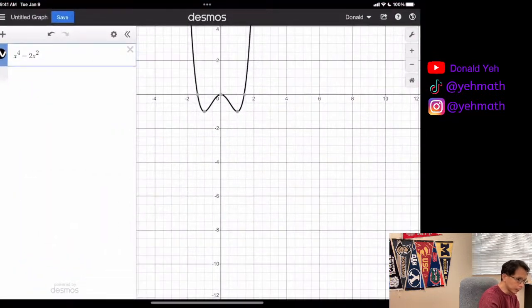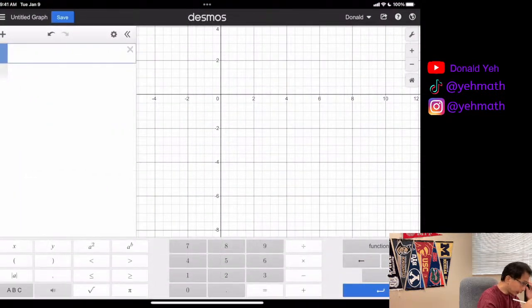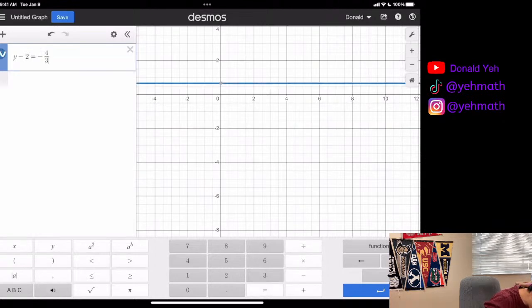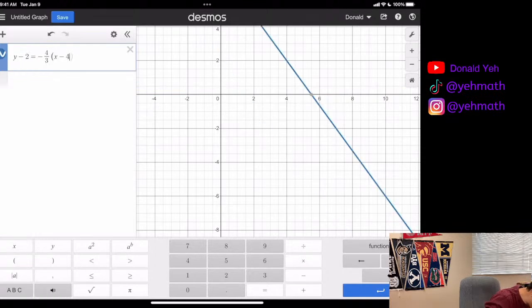So, go to the function. What's the first equation? Can you guys read it to me? y minus 2 is equal to -4/3 times (x minus 4). You guys should try this on Desmos. How do I do the restrictions?